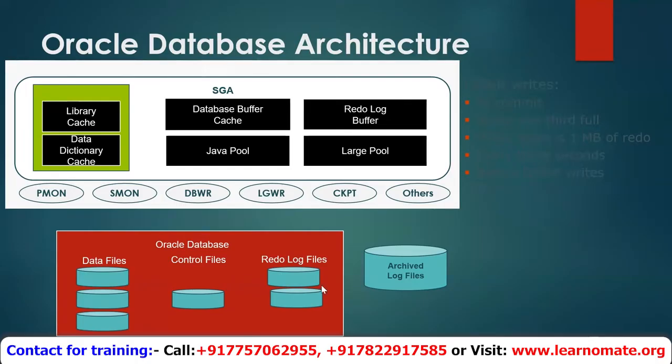Now these redo log files are limited, right? Once the redo log file is full, a backup of the redo log file is taken on disk, and these are called archive log files. So say for example, you have defined 3 redo log files in your database of 50 MB each.